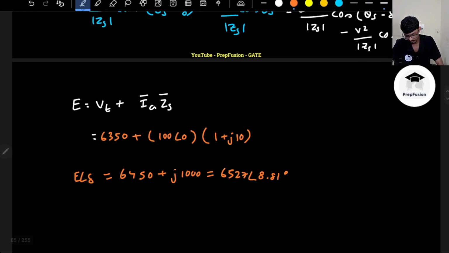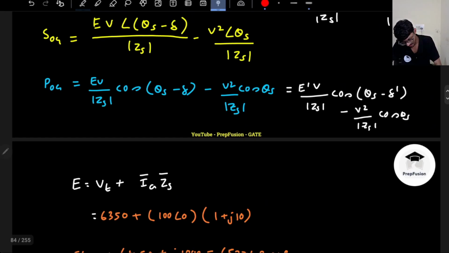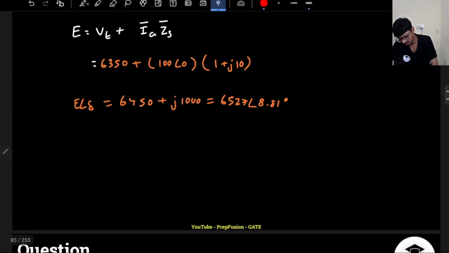Now I have got the angle, I know the E, so I know all the values. What is E dash? E dash will be 1.15 times the E, right?